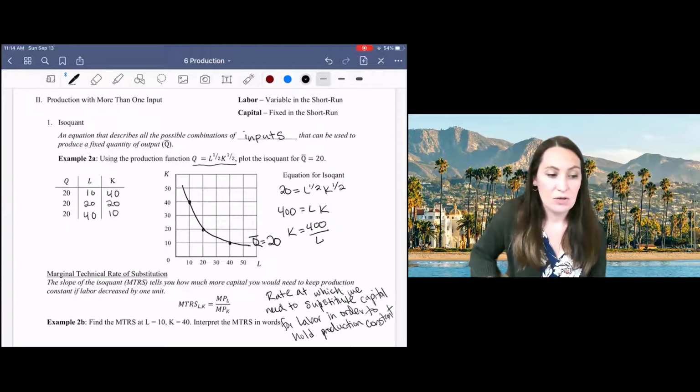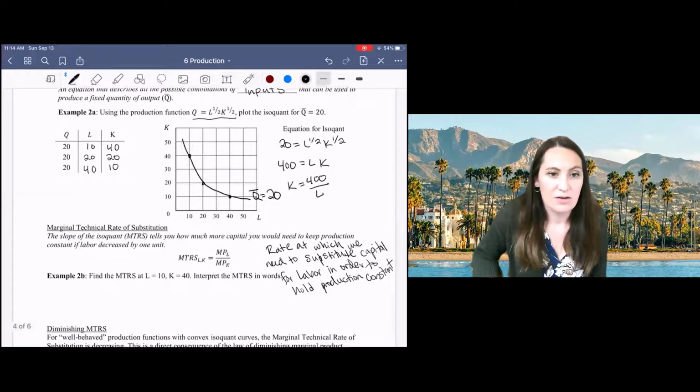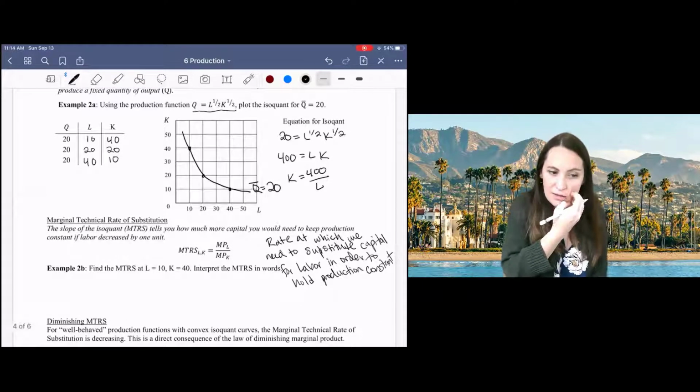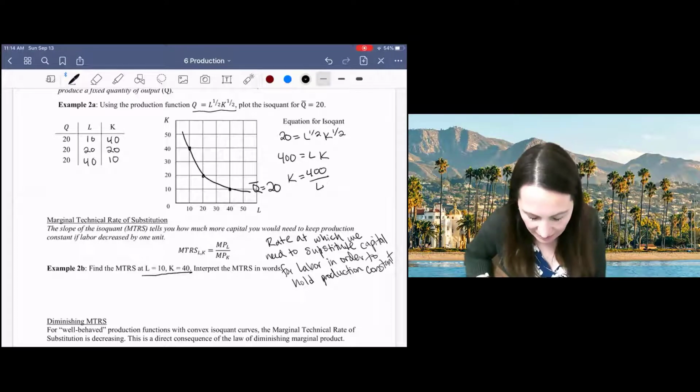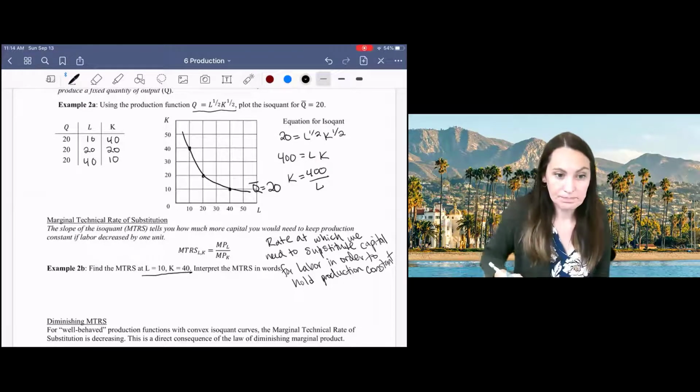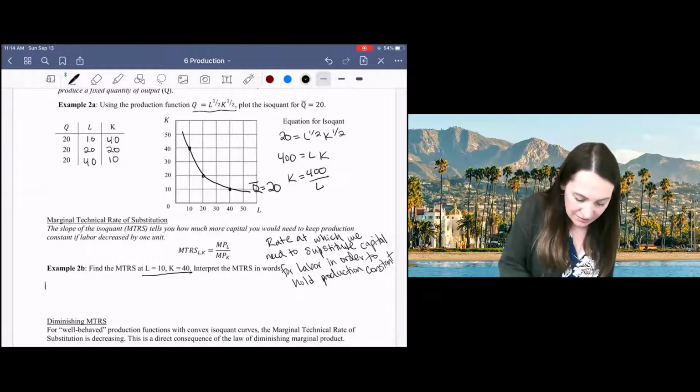In this example, we can calculate the marginal technical rate of substitution. And we want to do that at the quantity labor is 10, capital is 40. So we need to find marginal product of labor, which will be 1/2 L to the negative 1/2 K to the 1/2. Marginal product of capital, 1/2 L to the 1/2 K to the negative 1/2.